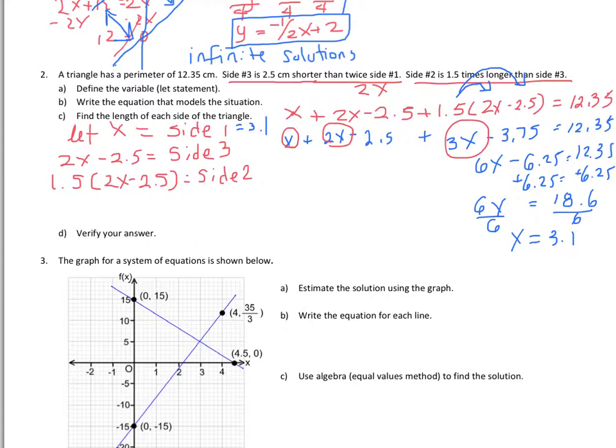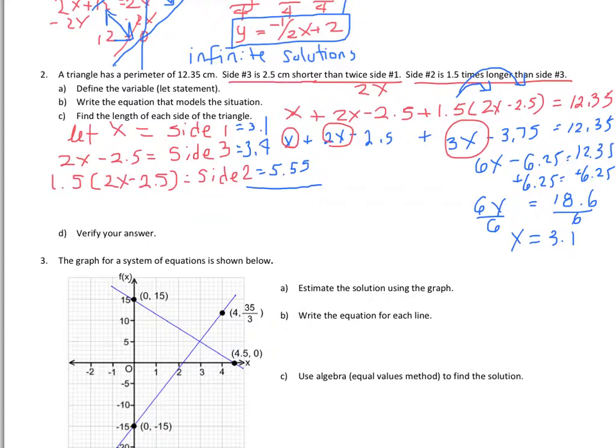Side 3 is 2 times 3.1 minus 2.5. If you plug that into your calculator, what you'll end up with is 3.7. And finally, side 2 is 3x minus 3.75, as we decided earlier, which if you plug that into your calculator, you get 5.55.